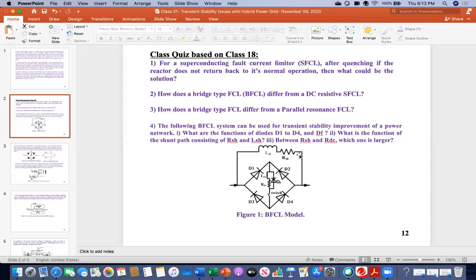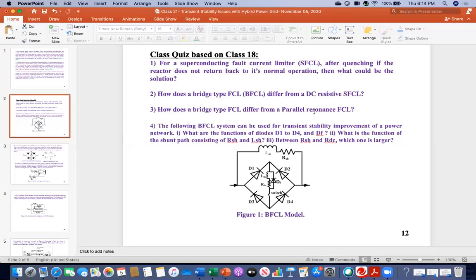If it is parallel resonance, then there will be a capacitor in parallel. This means in the shunt path there is resistance and inductance, in parallel with the capacitor. That capacitor and inductor form the resonance, and because they are placed in parallel, it is called a parallel resonance fault current limiter. So that is the difference.